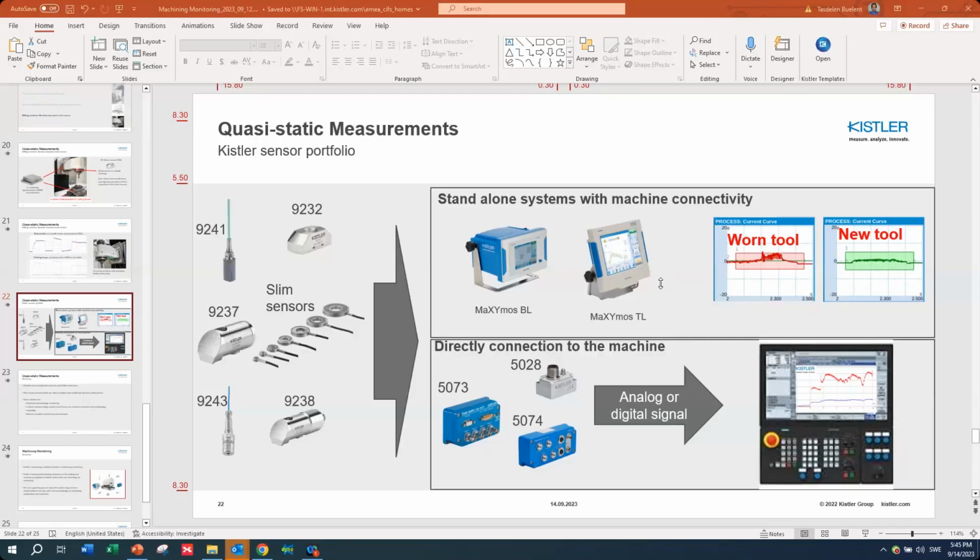But as I said, in turning applications, when it comes to tool breakage and tool wear, as you can see in the pictures here, you are mostly interested in the static part of the forces. But depending on the application, such as milling where it is important to stop the machine, high-speed milling and so on, Maximus will not be the best choice for you.